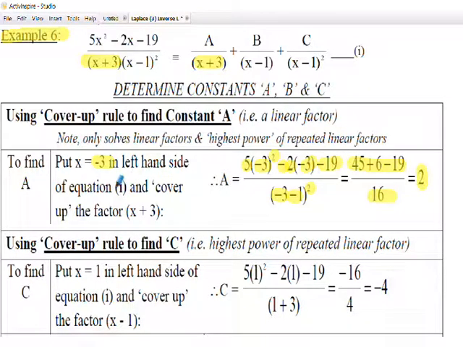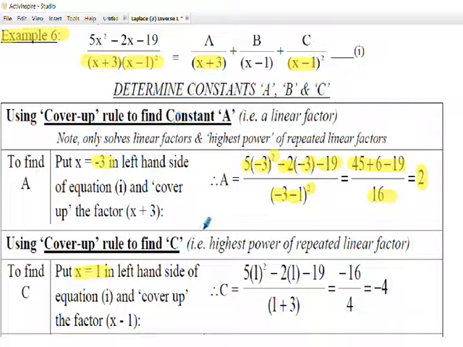If we apply the cover-up rule for constant c, we do the same kind of procedure here. We say, okay, what value do I need to make x to make that bracket go to 0? Then we need to make x equal to 1, and I simply put the value of 1 into the left hand side of the equation, but now I cover up the x minus 1 squared expression, leaving the x plus 3 bracket.